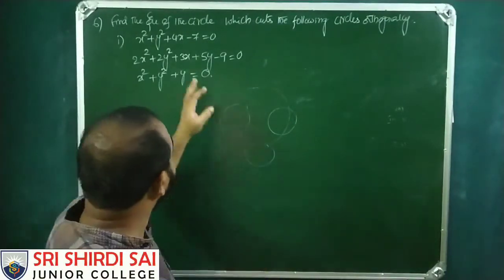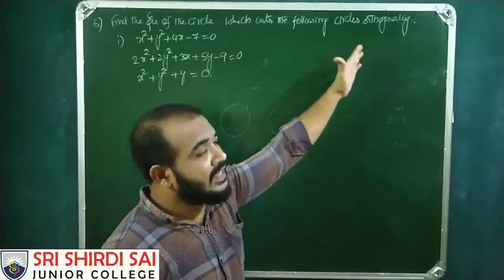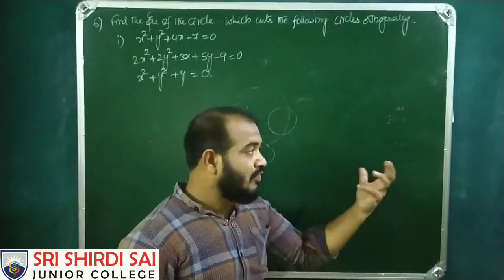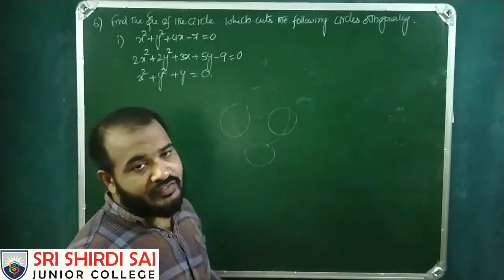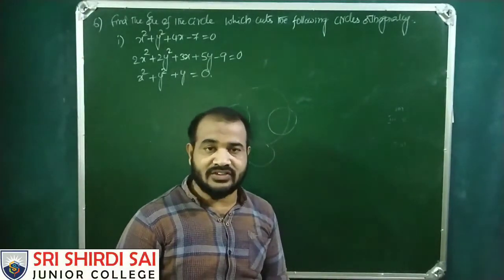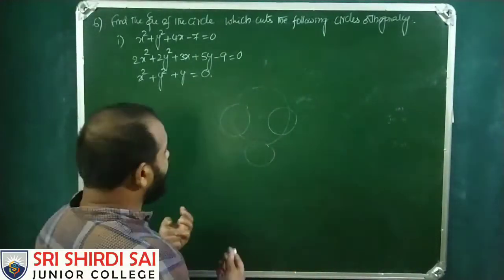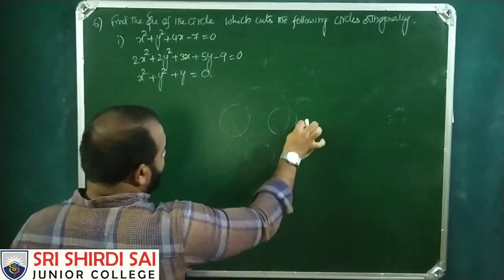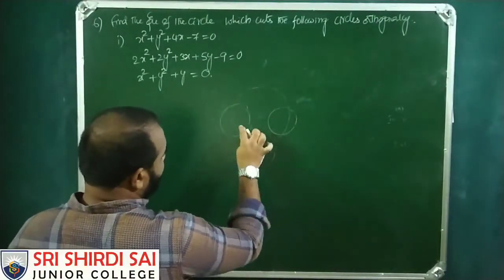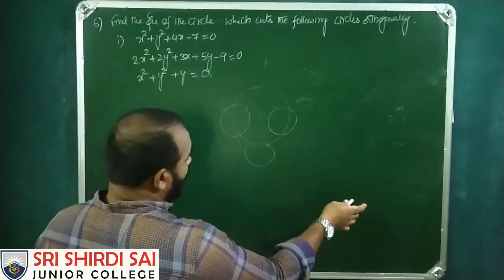Now the concept of radical axis is introduced. Therefore we no need to use the condition 2gg dash plus 2ff dash equals c plus c dash thrice. Instead, the required circle which cuts these three circles is to be found out.